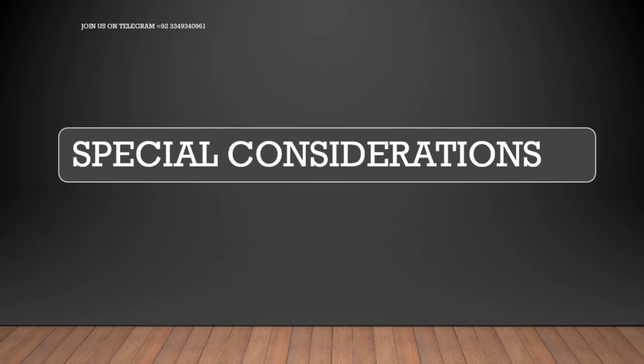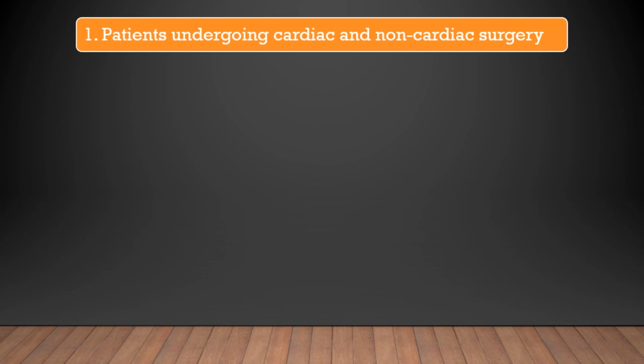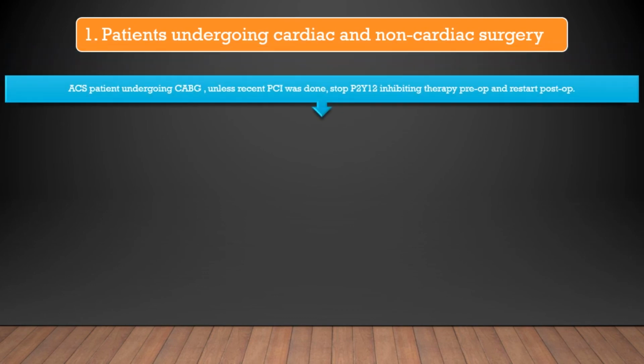Coming to some special considerations. First, we will be discussing patients undergoing cardiac and non-cardiac surgery. Acute coronary syndrome patients undergoing CABG, unless recent PCI was done, stop P2Y12 receptor inhibiting therapies pre-op and restart post-op, as we already discussed in the previous slide.